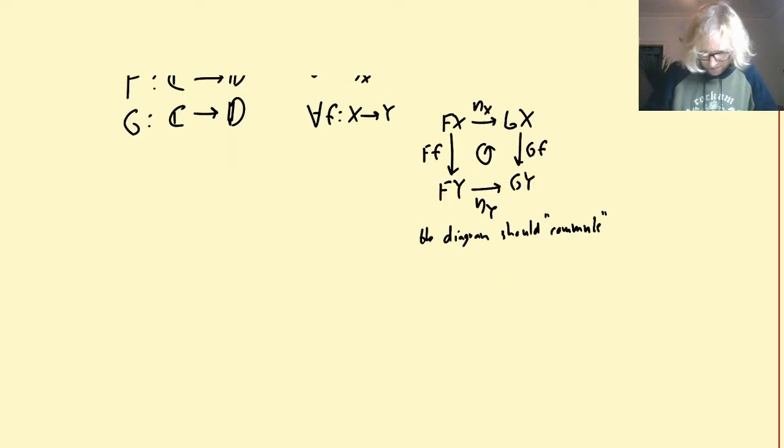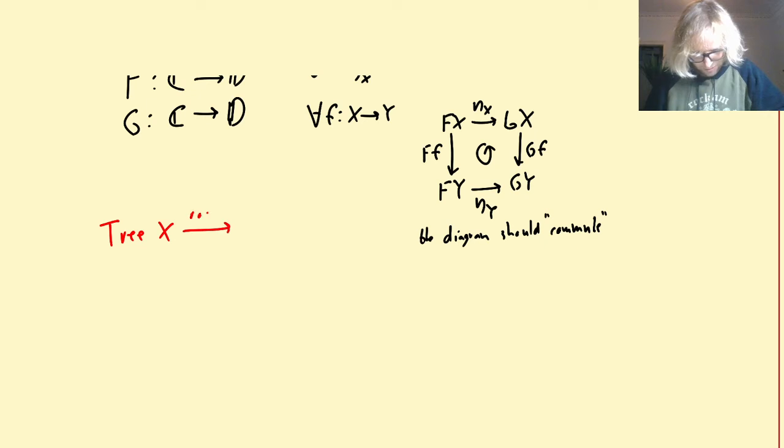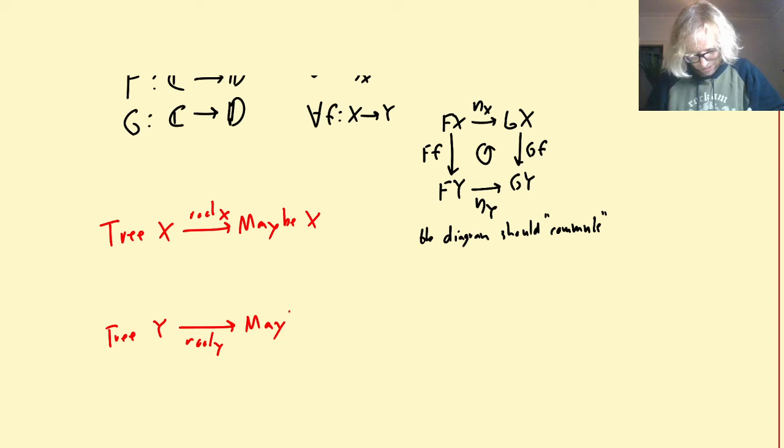What we need is that, so here we have tree of x and we have the root function which gives us a maybe x. So this is root at x. And now if we look at trees of y's, then we have a root of y which maybe gives us a y.